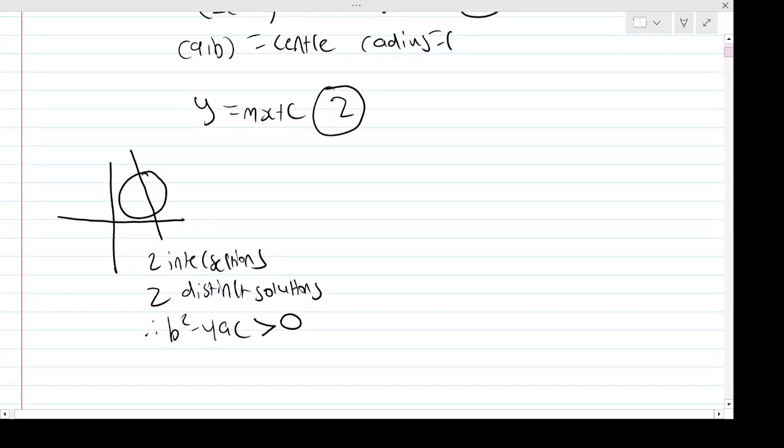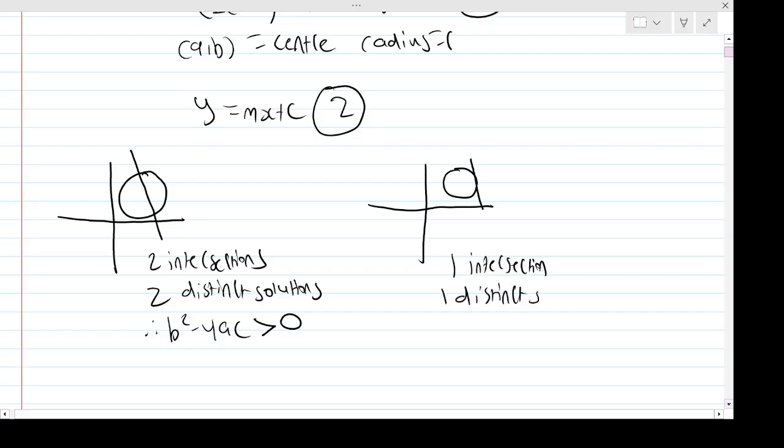Then we have the other case where we have the same circle, say, any given circle, but now we have a straight line that touches it, there we are, where there's only one intersection, okay? So we have one intersection, which means one distinct solution to the simultaneous equations.